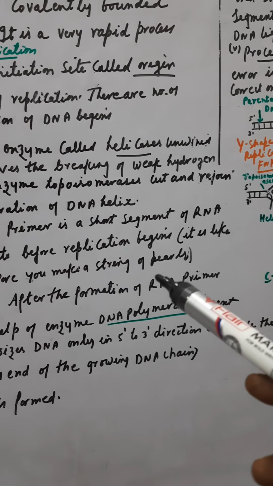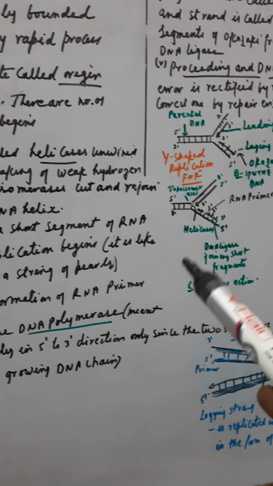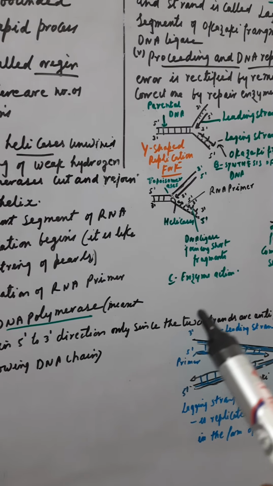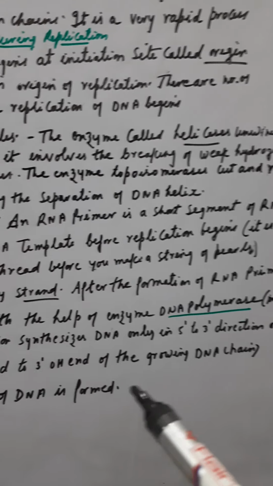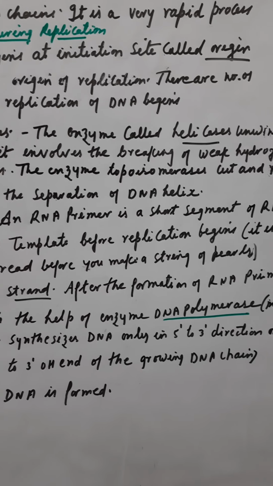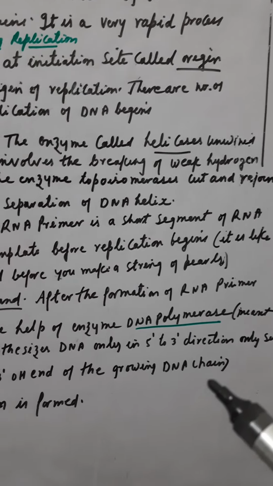When the RNA primer is formed, new nucleotides are added with the help of the enzyme DNA polymerase. Why? Because it is meant for DNA repair and DNA replication, and it synthesizes DNA only in the 5' to 3' direction. And why? Because the two strands are anti-parallel.